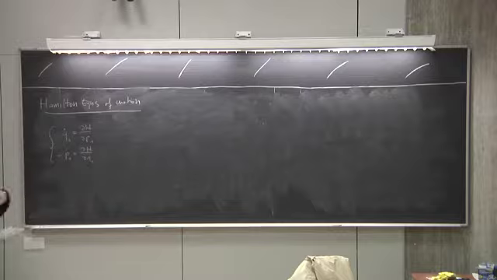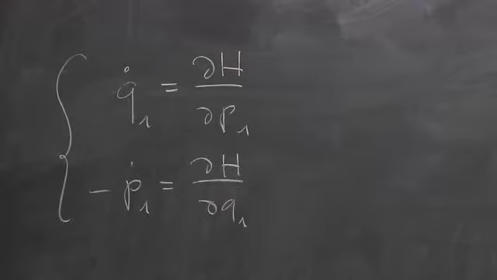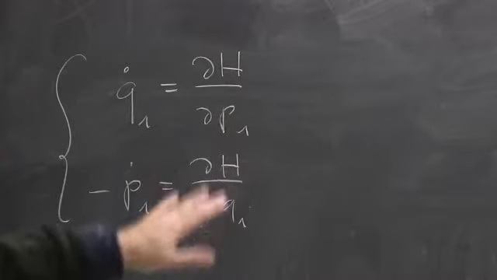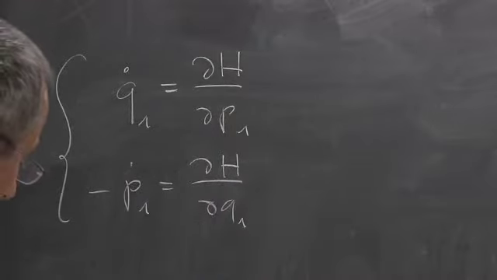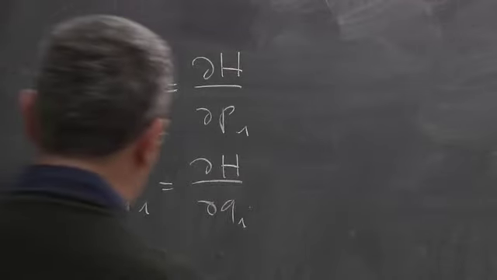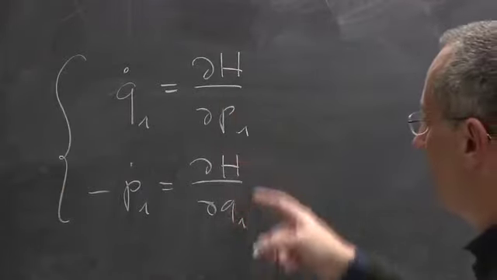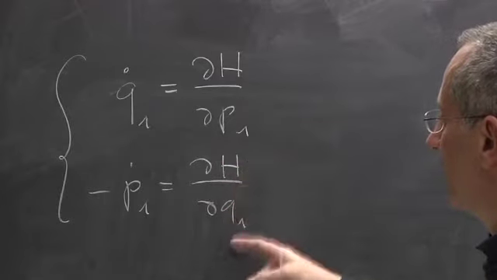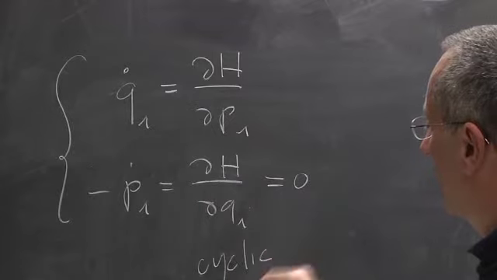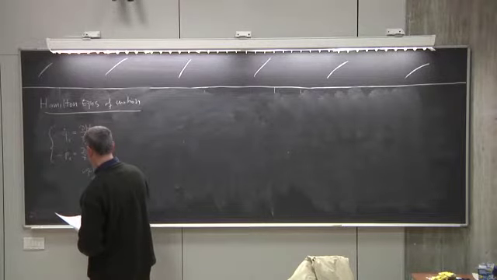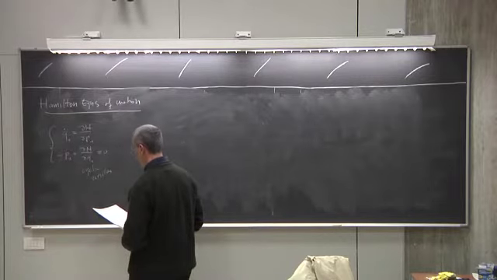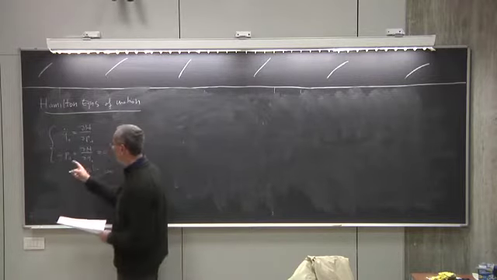Let's forget also about the one with the time, but let's assume that the Lagrangian does not depend on time, energy is conserved, so H does not depend on time. You see that if you have a cyclic variable, that now implies, because by definition this gives you 0, right, for a cyclic variable, that p dot is 0.